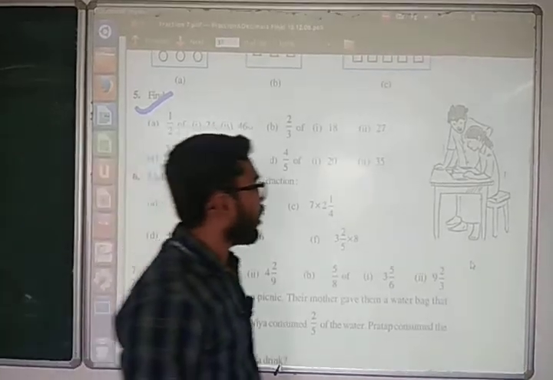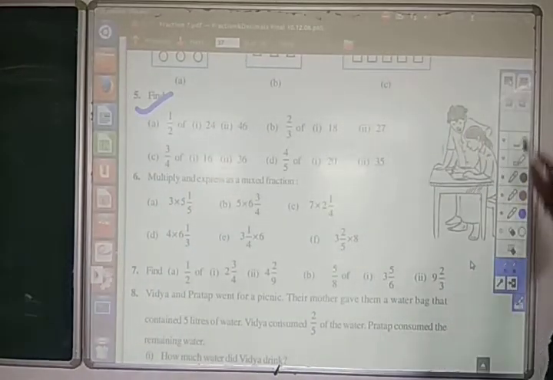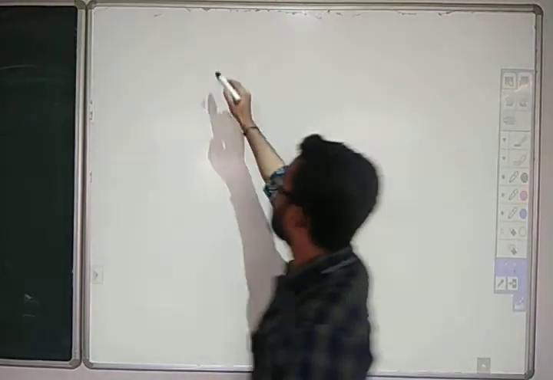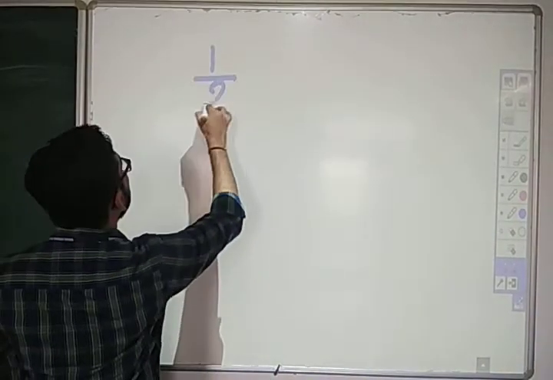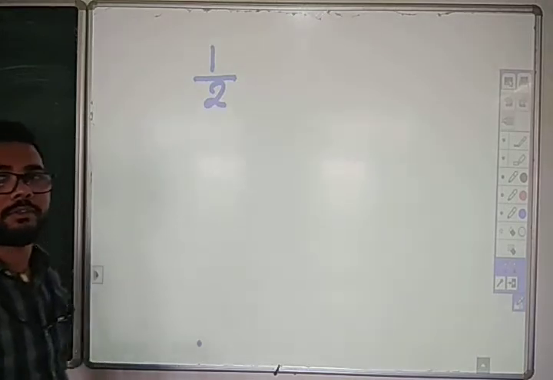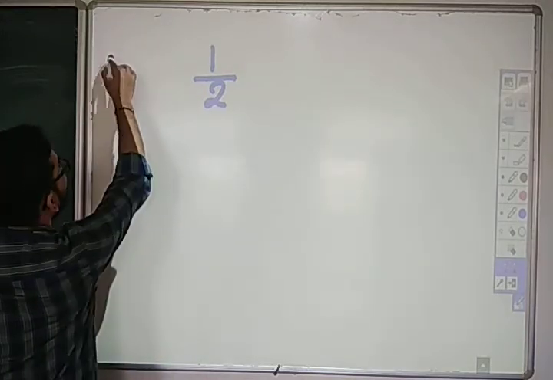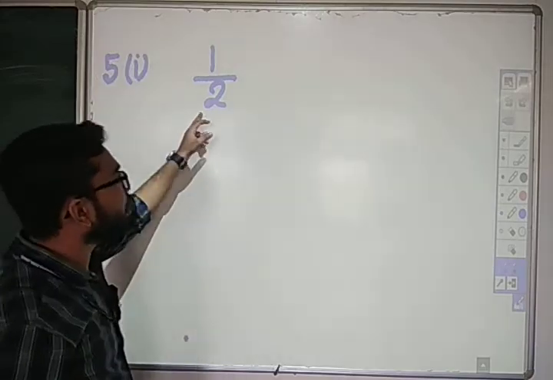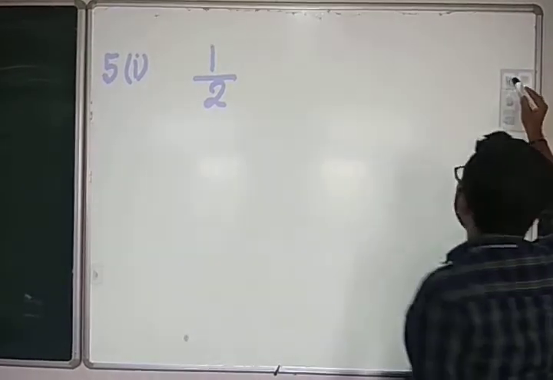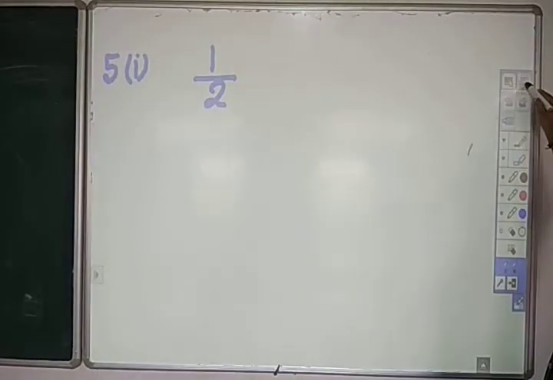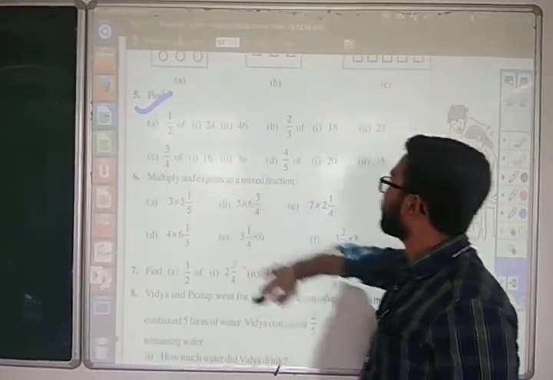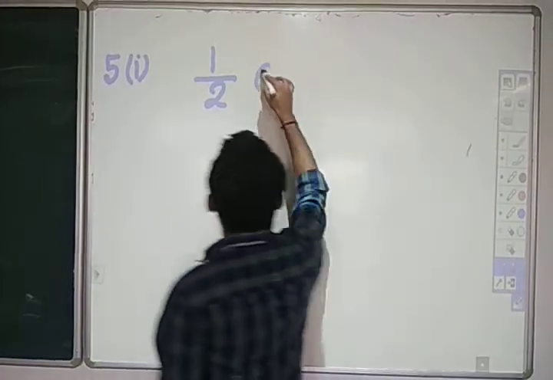See in your book, question number 5, first question: you need to find 1 upon 2 of 24.